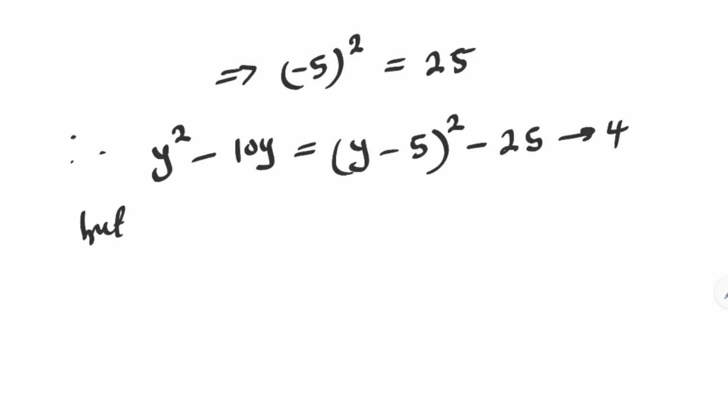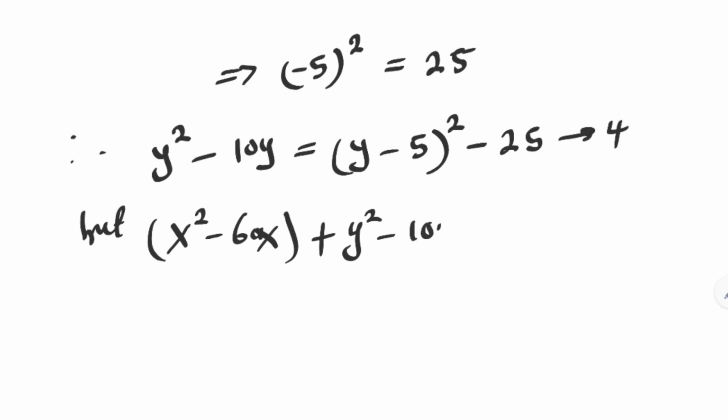But we have x squared plus 6x plus y squared minus 10y plus 13 is equal to 0. Now let us substitute equation 3 and 4 into this equation.